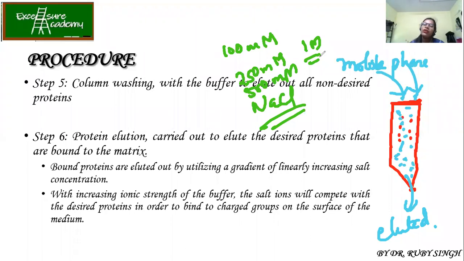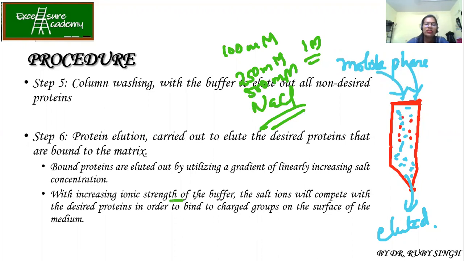If you're doing it for the first time, start with 50 millimolar, 100, 200, 300, 400 like that. So each step-wise you're increasing the concentration. Once you have done column chromatography one time, you have certain ideas, that maybe in 100 millimolar nothing is coming out, so you don't have to use 100. Next time you can use 250 directly. This all comes with experience.